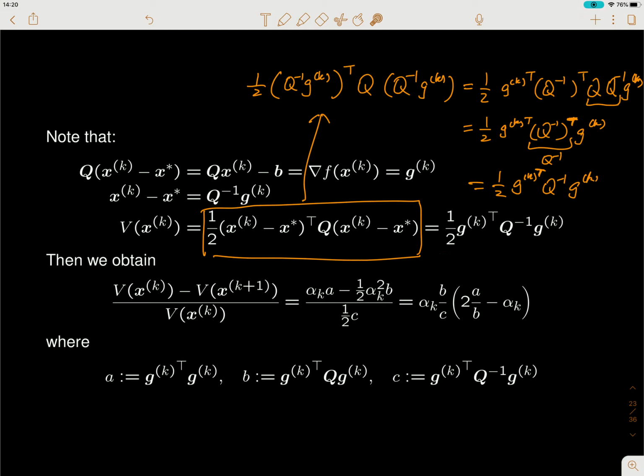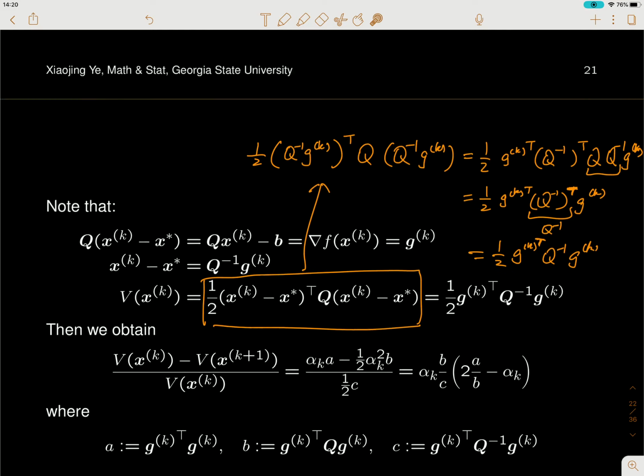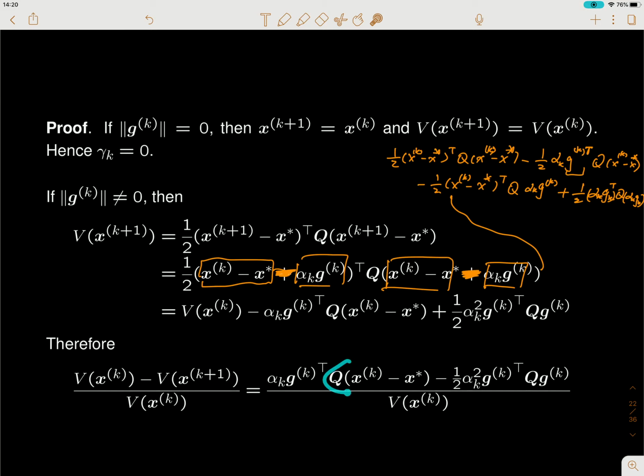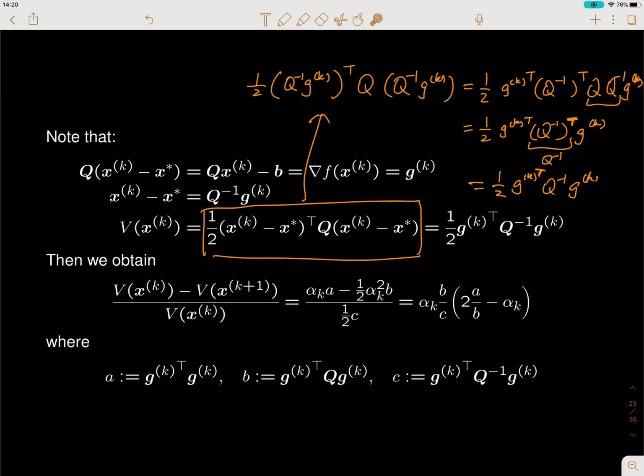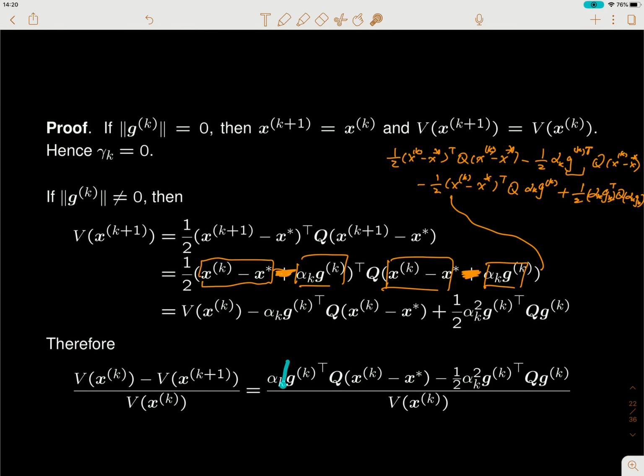Okay. And now we have all the simplifications that we need. We know how to represent this term, which is just gk. We know how to rewrite this term, and also we know how to rewrite this term. Okay. So as we said, if the first term is this here, this part is gk.